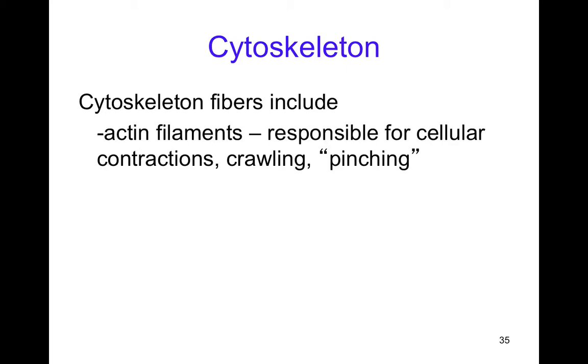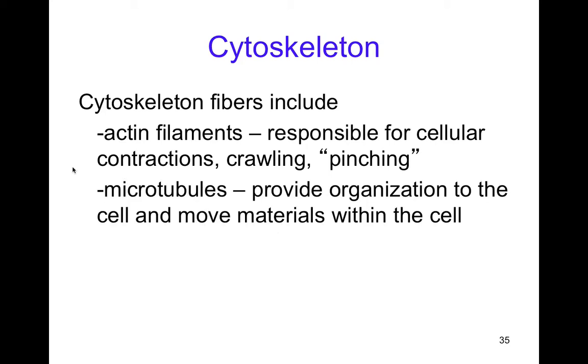So when we talk about cytoskeleton, you need to know the functions as well as the different fibers. So the first fiber is called an actin fiber. Actin fibers are very important in muscle contraction. It's basically actin filaments and another type of fiber that compose your entire muscle.